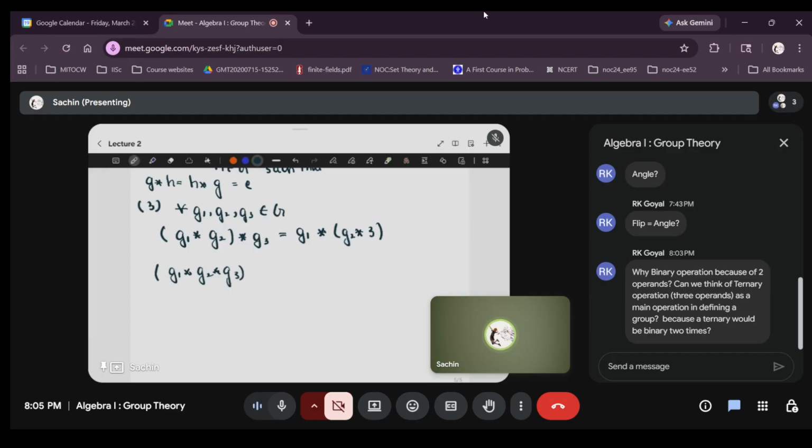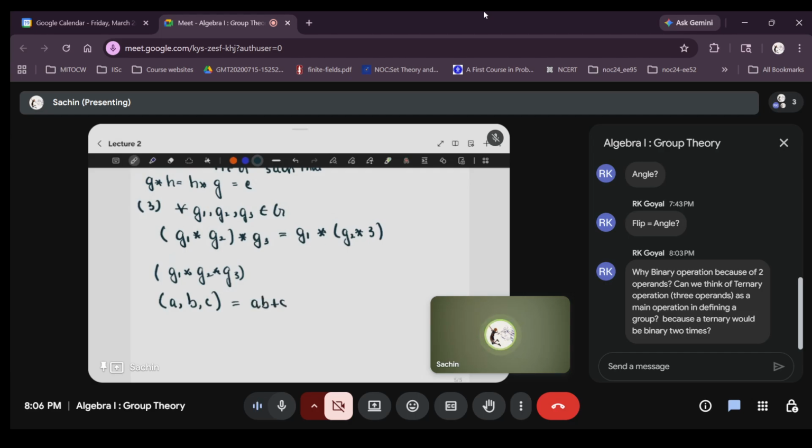So when you say a ternary operation, it doesn't always have to be the application of a binary operation twice. You can have other types of ternary operations. For example, you could say a ternary operation which takes the operands a, b, c is ab plus c.